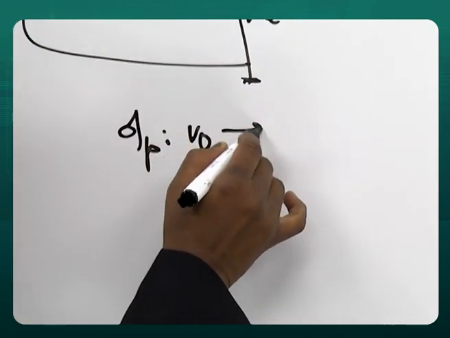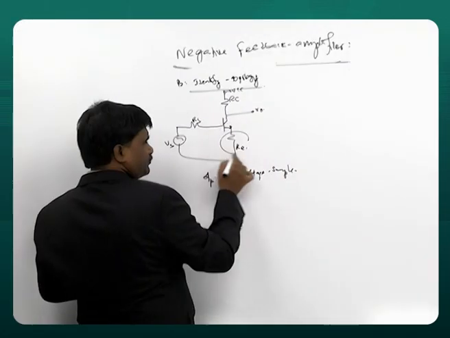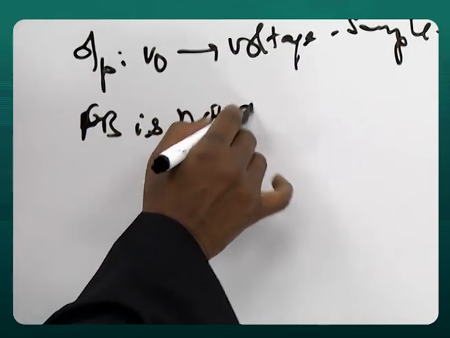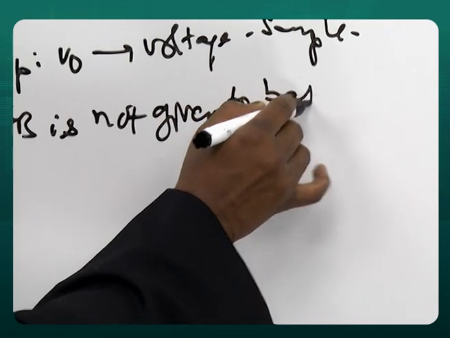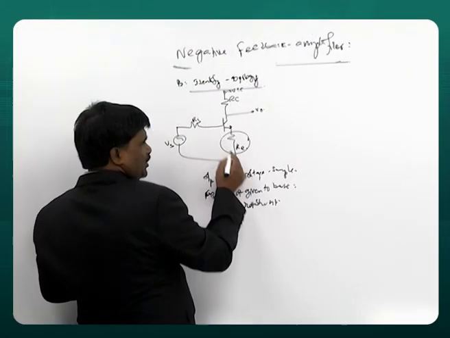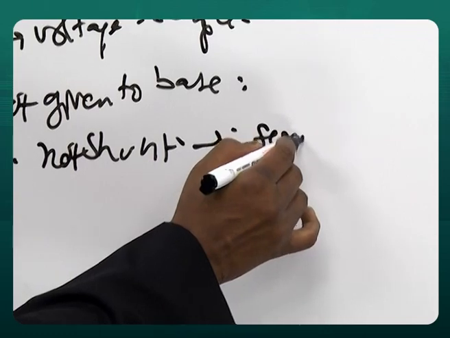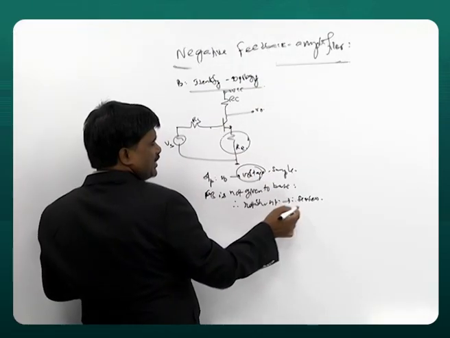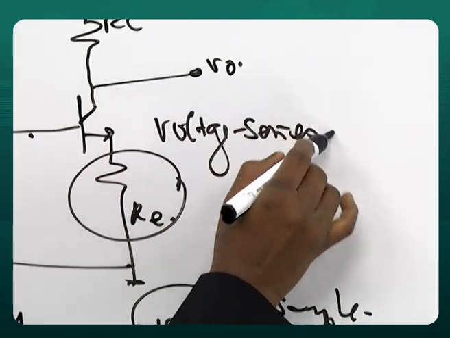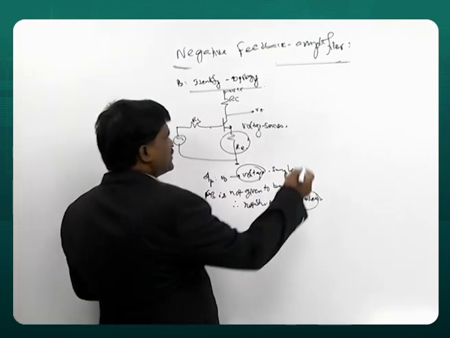Output is directly taken from V0, so it is voltage sample. Feedback is not given to base. That means not shunt. It's not going to base, so not shunt. If it is not shunt, what is it? Series. Therefore, voltage sample with series, this is voltage series. Like that, one has to identify which topology it is.